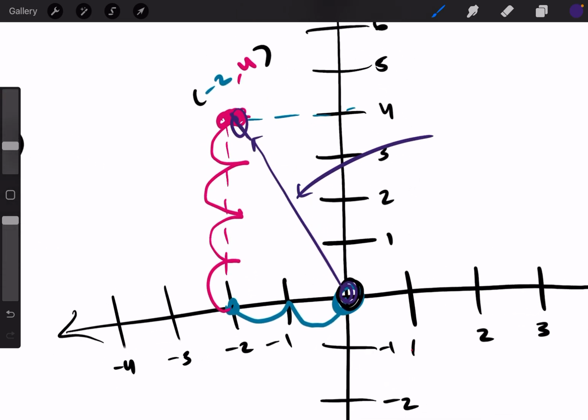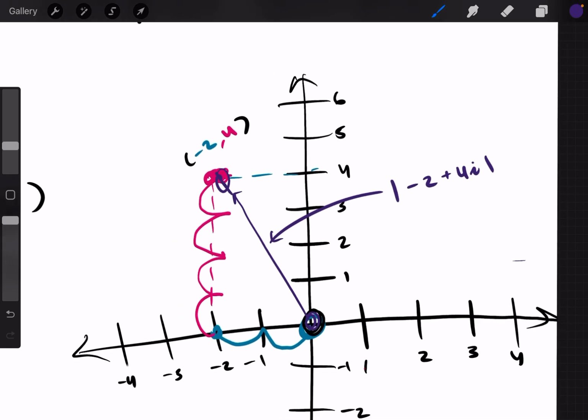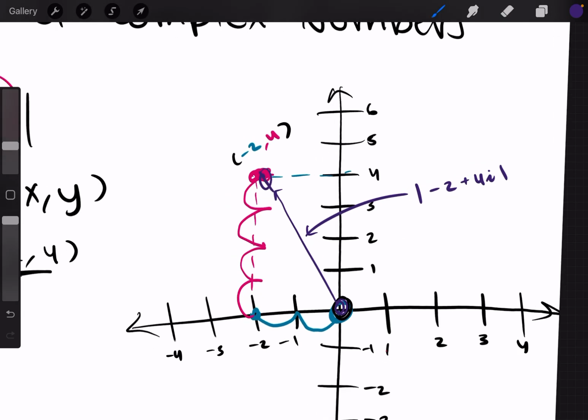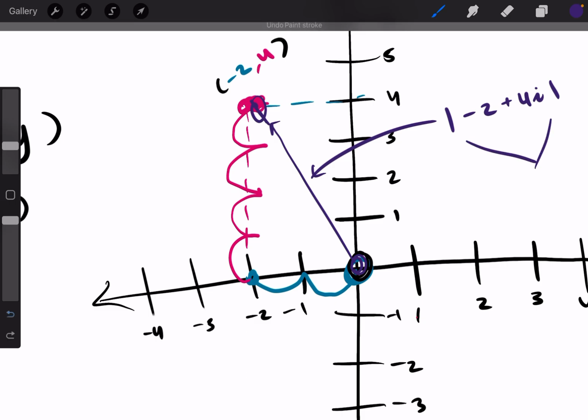We can also consider this as the absolute value of -2 plus 4i, right? This vector sort of thing. When I think of distance, I think of magnitude, so it's going to be a positive value, and that's literally what we're looking for, the absolute value.